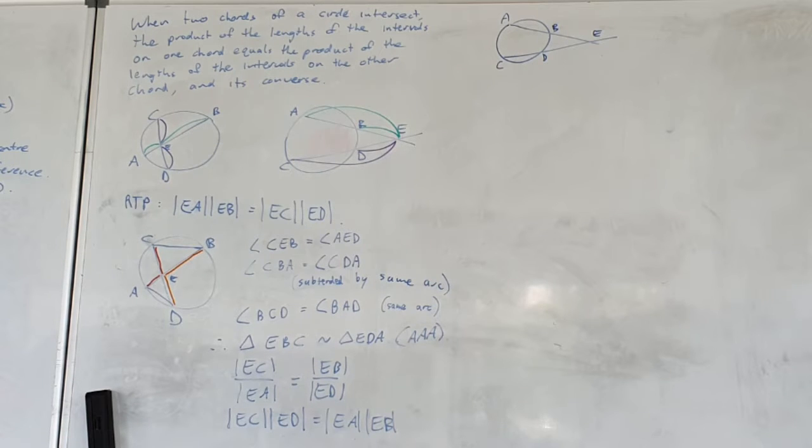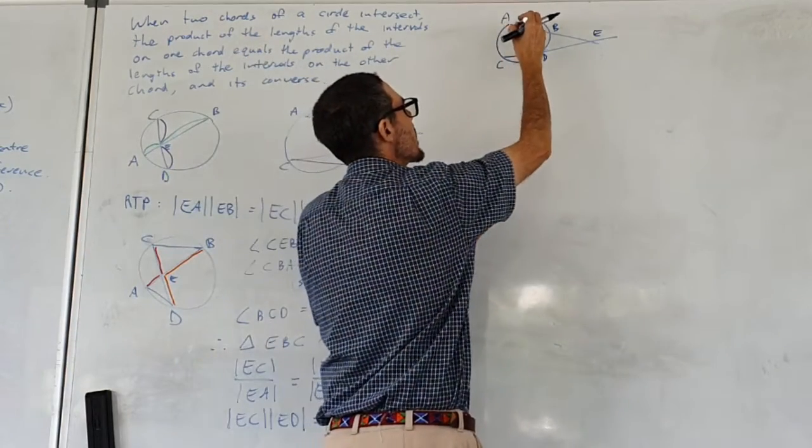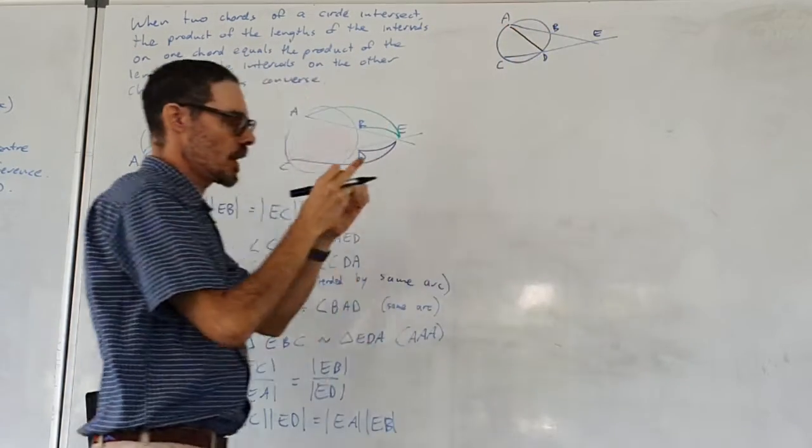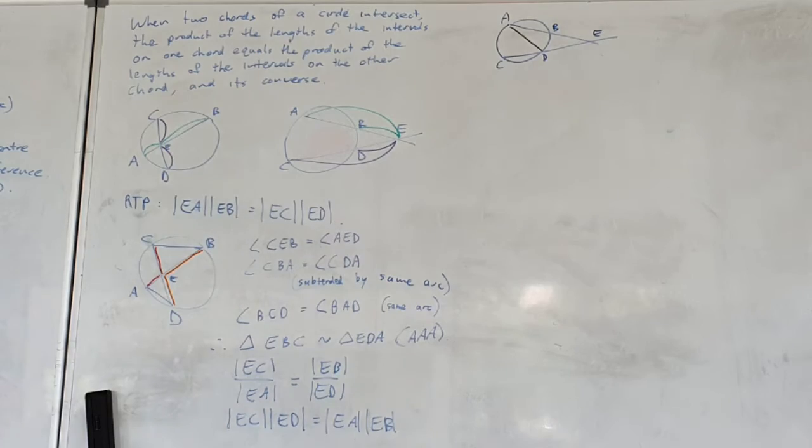Get this right. Oh yes, okay. So now we're going to draw two different triangles. Pick another colour. This triangle and this triangle.